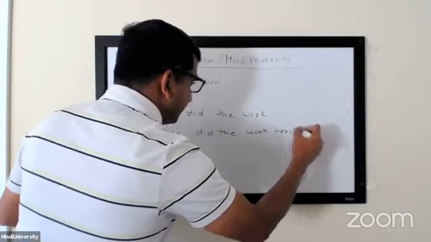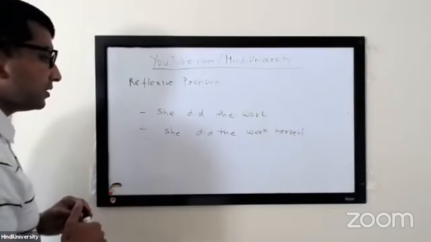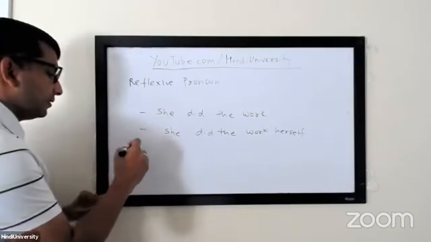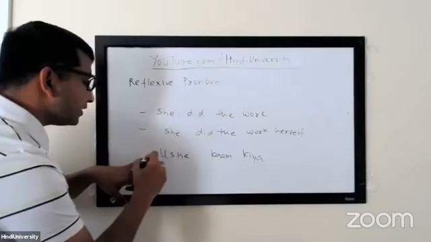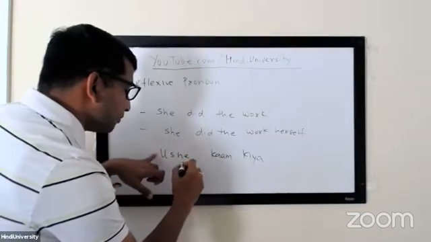Radhika ji, you want to give it a try? The first one, she did the work. उसने काम किया. Very good, right? So उसने काम किया. Explain it. How did you come up with it? Because it's a transitive verb.